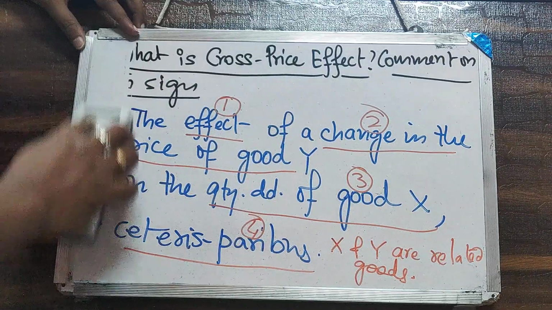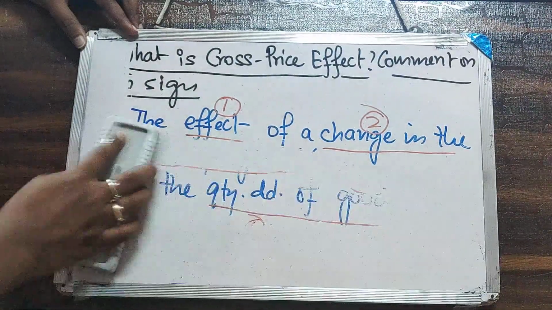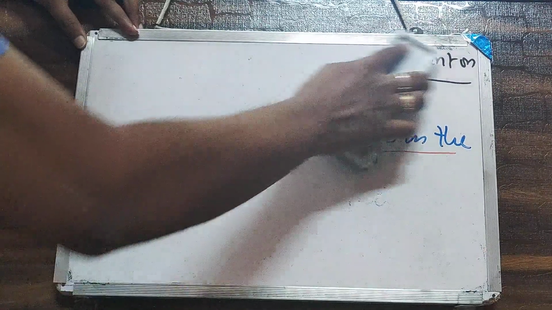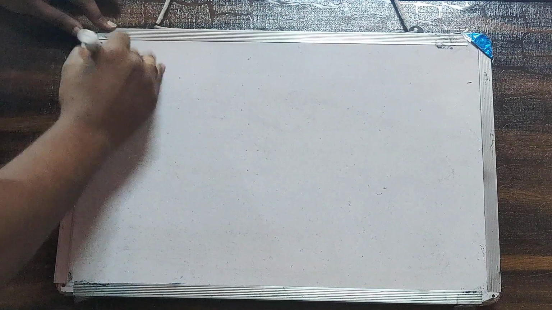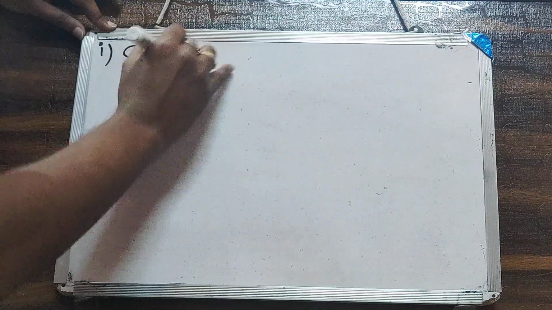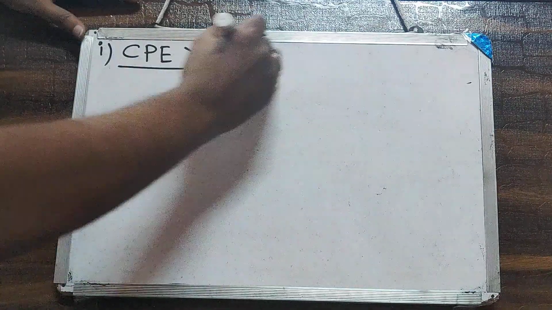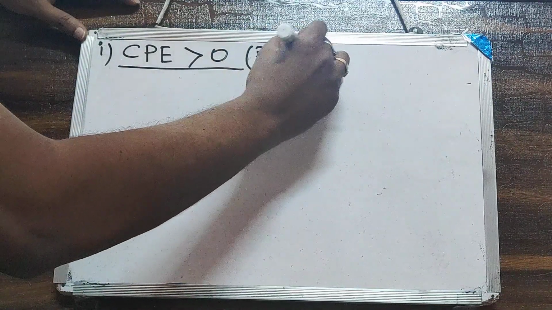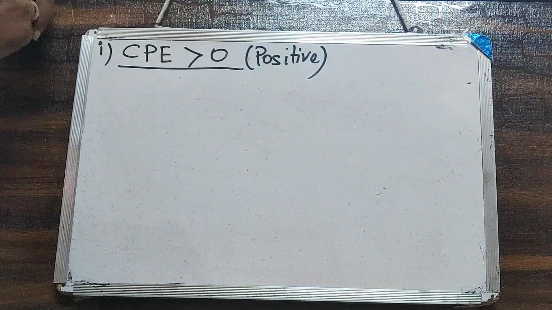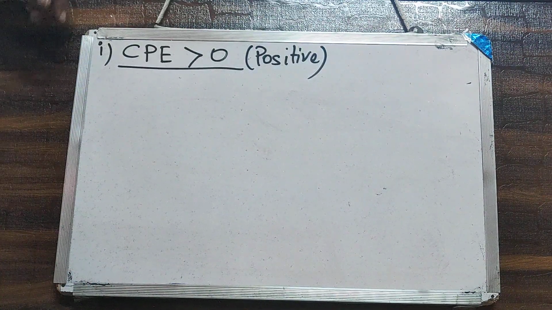Clear? Now we will be discussing the sign of this cross price effect. Well, cross price effect can be positive, can be negative, can be equal to 0. In the first case, let us consider that cross price effect, CPE, is greater than 0, that is positive. Now if cross price effect is positive, what does this imply?